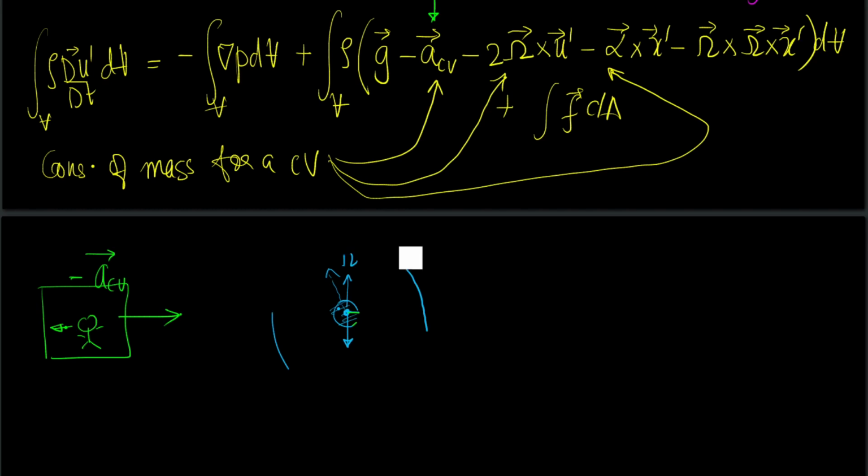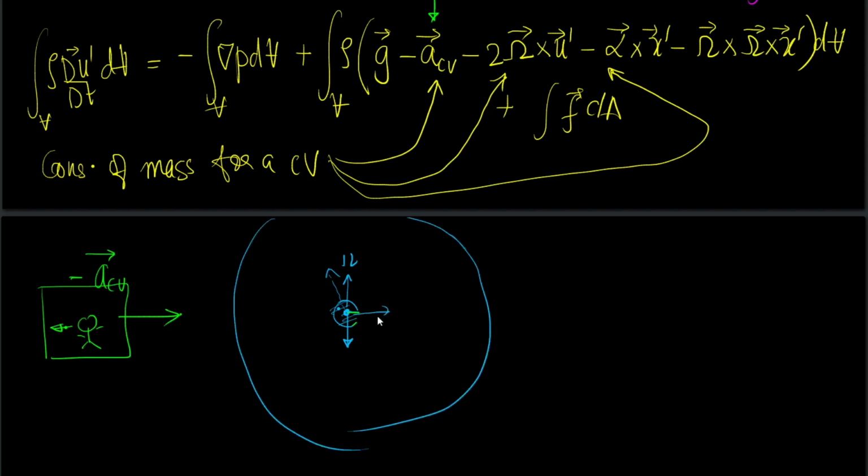Let me draw a larger disk. This force is minus twice omega cross u'. So this is omega out of the plane, this is u', so this is the force. When the particle starts to move, it will appear to take this trajectory.